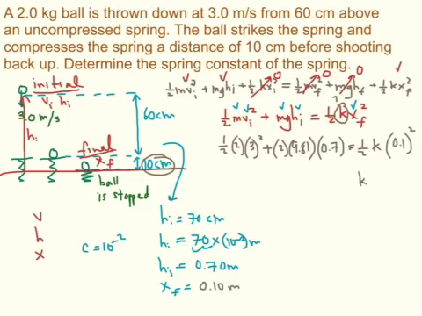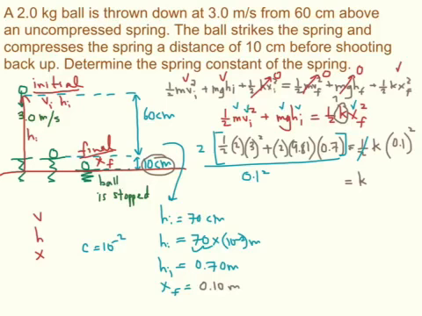And so you solve for k, multiply both sides by 2, right? Multiply the entire left side by 2, and you can cross it out there. And then you divide both sides by 0.1 squared. And what do we get for k? Well, in this problem, k came out quite big.